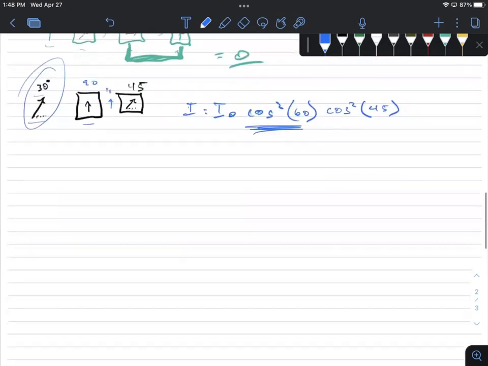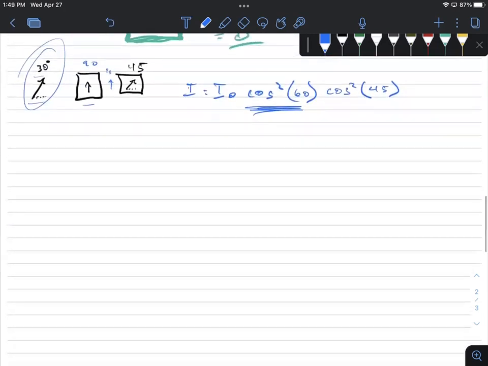So for this example, I started the light at 30 degrees instead of 90. Well, the process is exactly the same. It's still the law of Malus. The very first filter, I'm going from 30 to 90. So the theta for him is 30 minus 90, which is 60. All the other examples would have started like this instead.